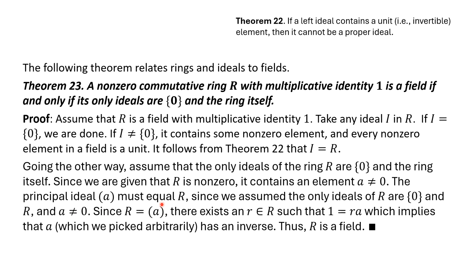Since R equals the ideal generated by A, there exists some small r in our ring such that 1, the multiplicative identity, equals r times A, which implies that A, which we picked arbitrarily, has an inverse, and thus R is a field.